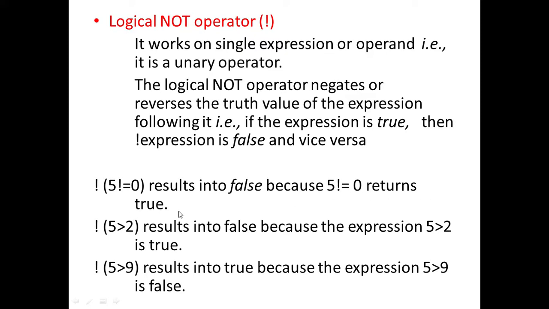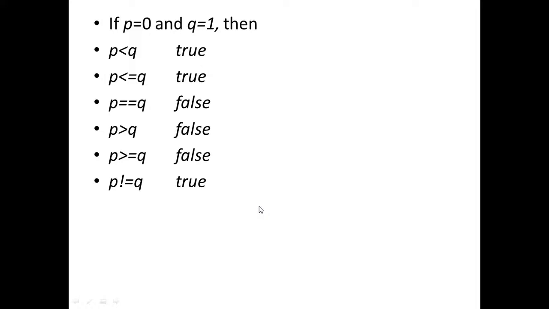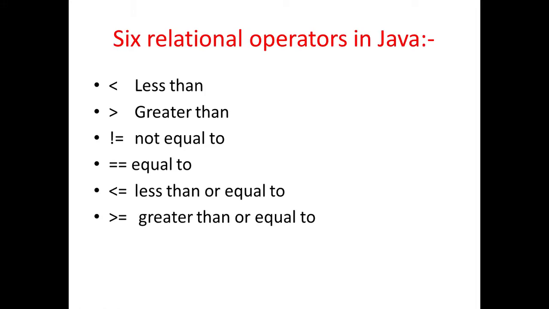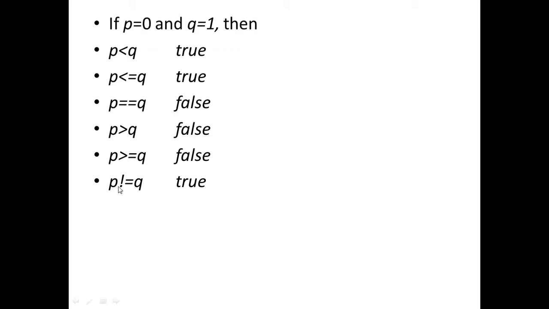Here not equal to is a relational operator. It is used to check if it is not equal to or not. You can see here, P not equal to Q, yes, true.